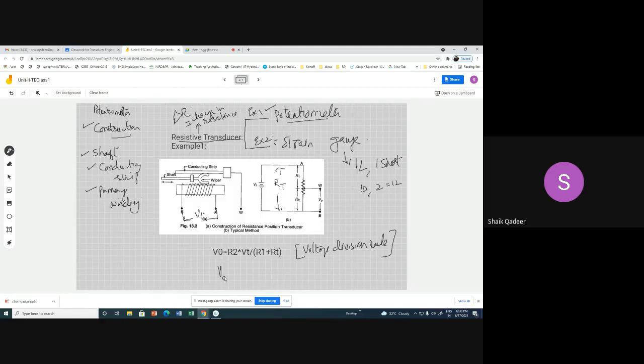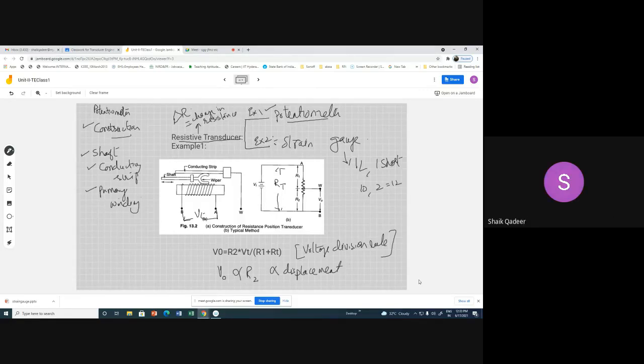So it means that output voltage is directly proportional to R2. In turn, R2 is proportional to displacement. Hope it is clear to everybody. Yes, sir.